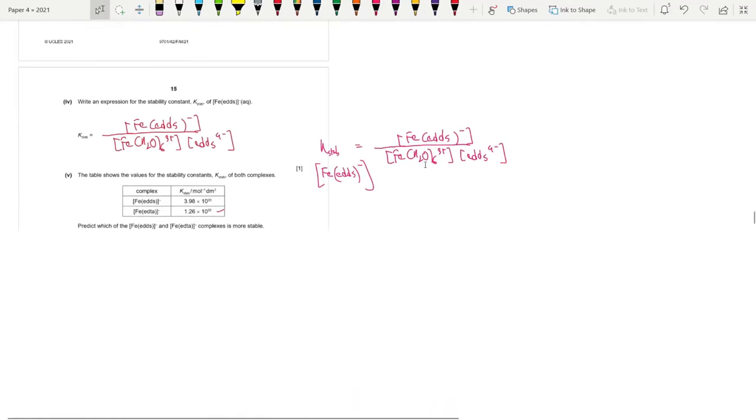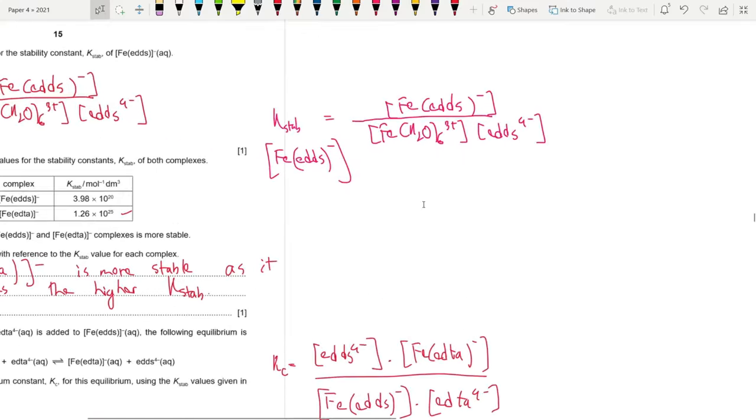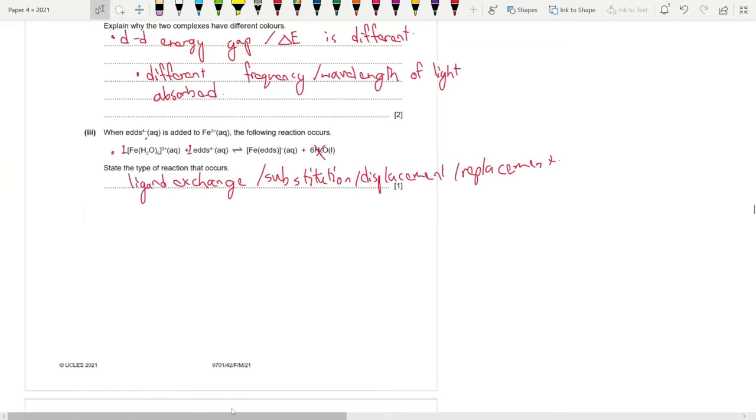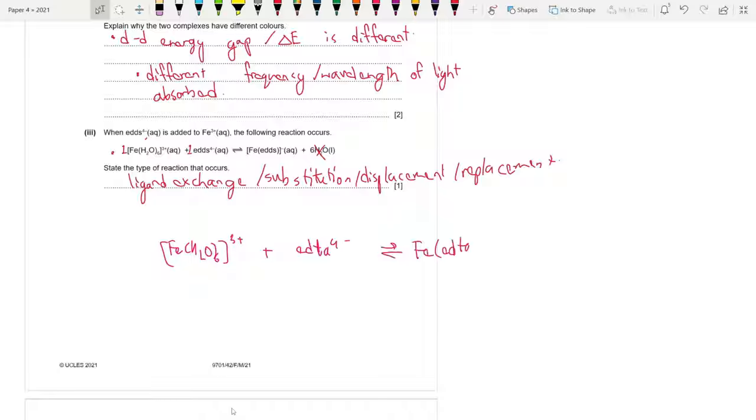But basically it will have a similar one. It will also react with water, and it will exchange the water molecules similarly. I can write an equation for that. Basically the equation will be like this. Suppose FeH2O6 3 plus will react with one molecule of EDTA 4 minus to form FeEDTA minus and 6 molecules of water.